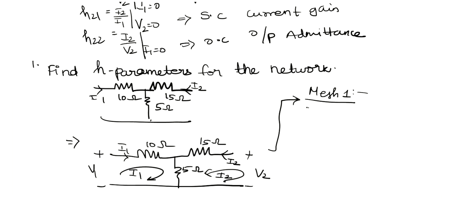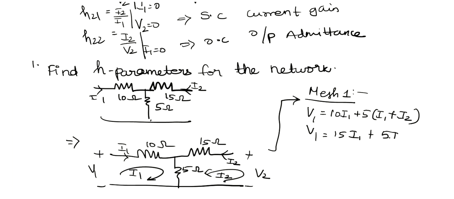Now tell me the mesh 1 equation. Definitely the active element will be V1, equal to 10 into I1 plus 5 into the current involved, which is I1 and I2. Both travel in opposite directions, so plus. So totally V1 equal to 15 I1 plus 5 I2 will be equation number 1. And for mesh 2, what are you getting?